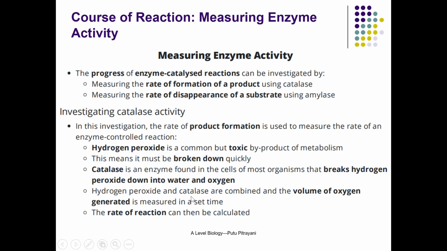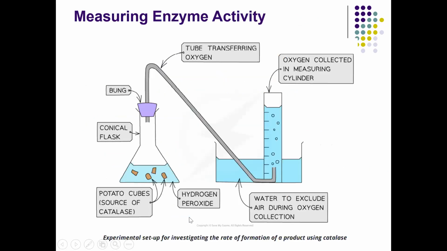After we do the reaction, the volume of the oxygen produced can be measured in a set of time, and then the rate of the reaction can be calculated. As you can see here, we can set the experiment like this: we have a conical flask containing potato cubes. The potato cube is the source of the catalase, and we put them in the solution containing hydrogen peroxide.